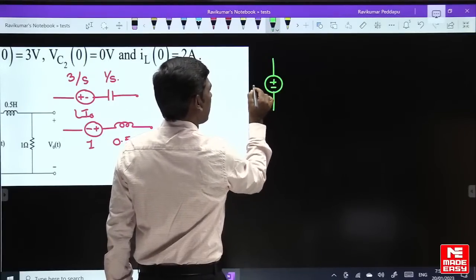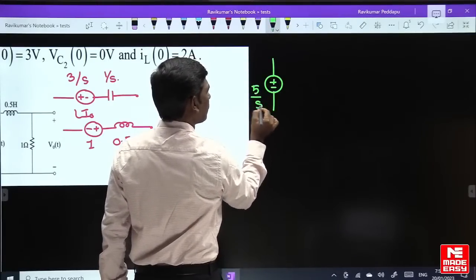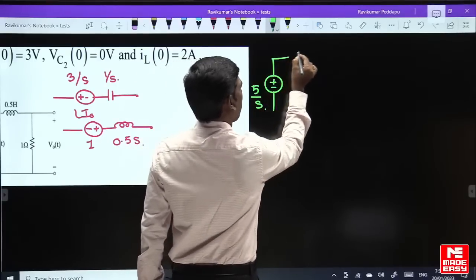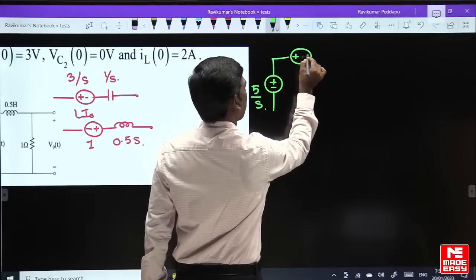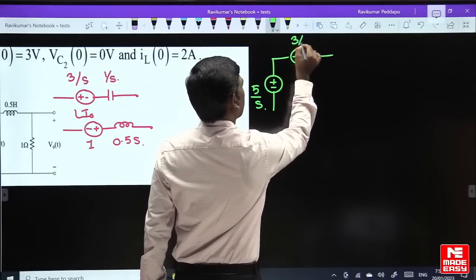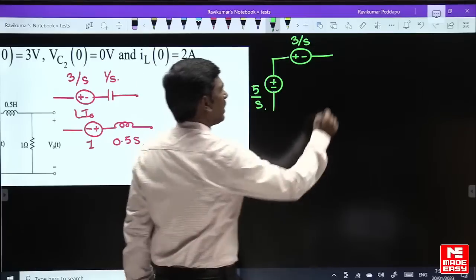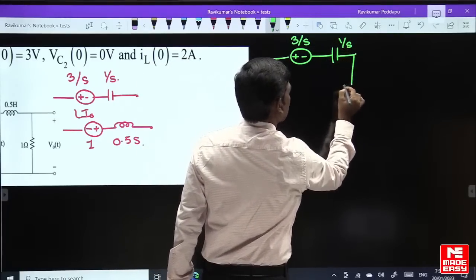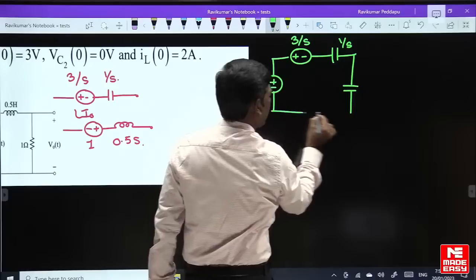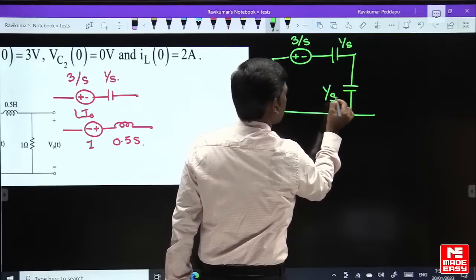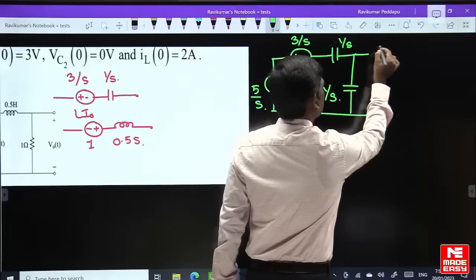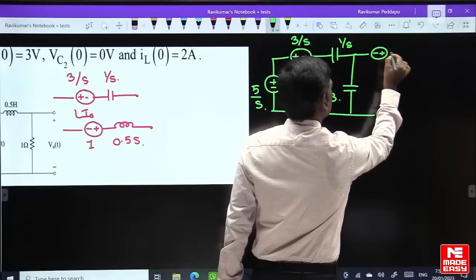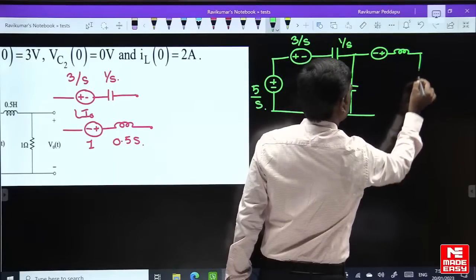The source is 5 by S volts. The capacitor is replaced by a plus-minus 3 by S source in series with 1 by S. Another capacitor is 1 by S only. The inductor is replaced by a voltage source in series with the inductor.